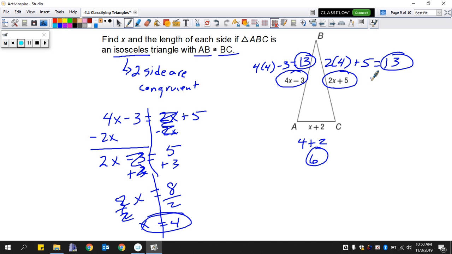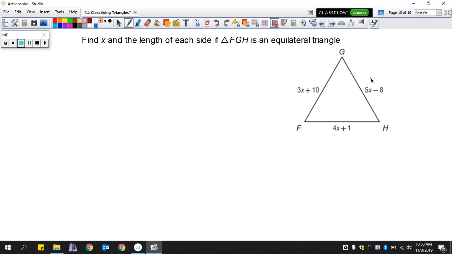All right, so let's say 5x minus 8 is equal to 4x plus 1. I'm going to solve for x. Subtract 4x, subtract 4x. I always subtract the smallest term from the larger term.